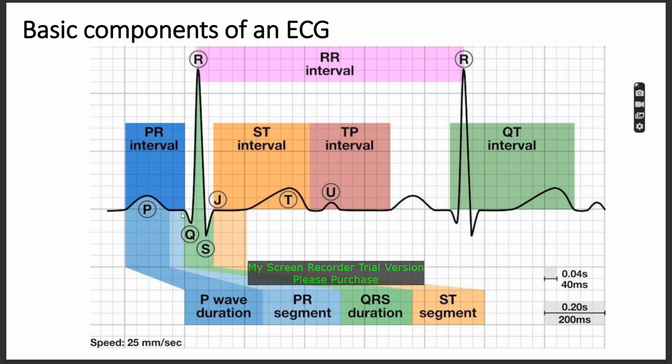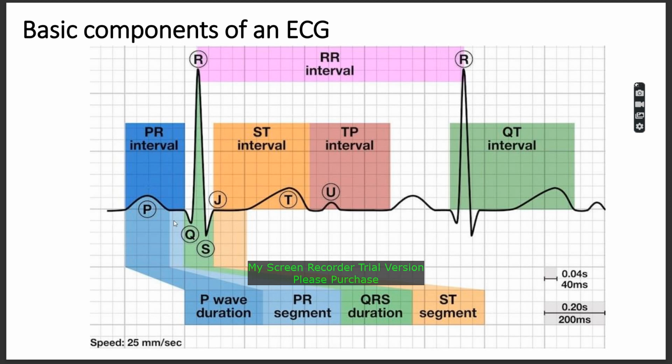You can note that although it is known as the PR segment, it does not actually indicate the gap between P and R, but instead it represents the P to Q interval, right? But it's known as the PR segment. Then the QRS duration resembles ventricular depolarization.